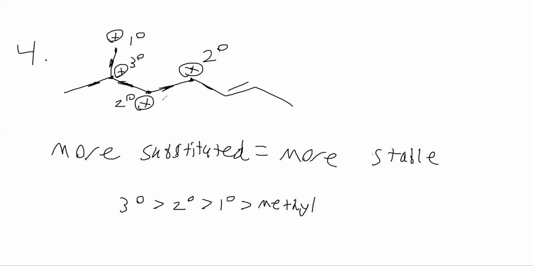They're approximately the same. So you're saying that this secondary cation is basically the same stability as this secondary cation? Is that in his notes? I believe that he said that. That's not how I learned it.